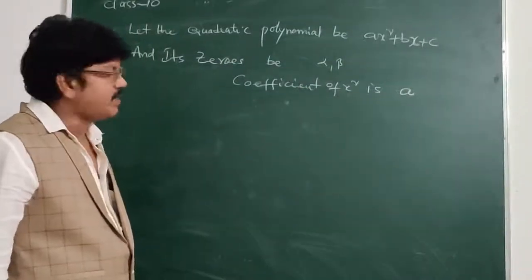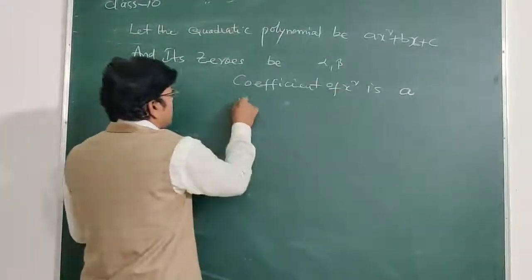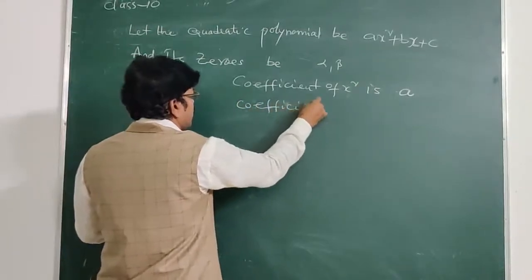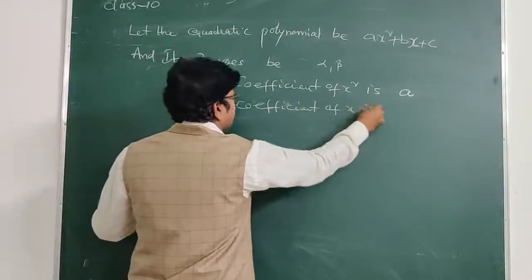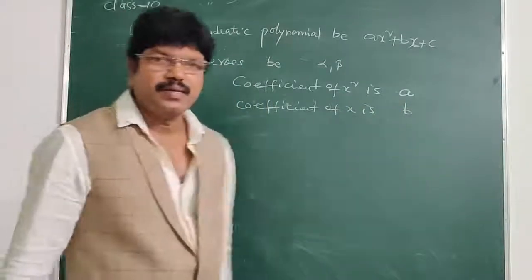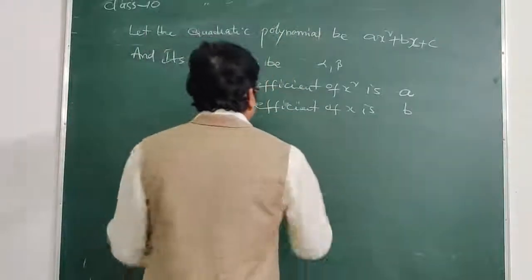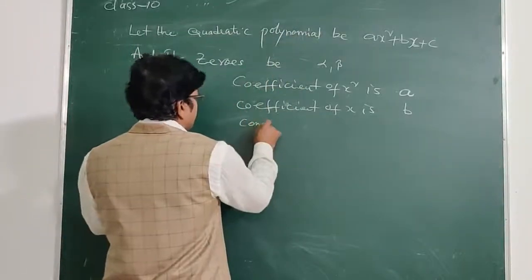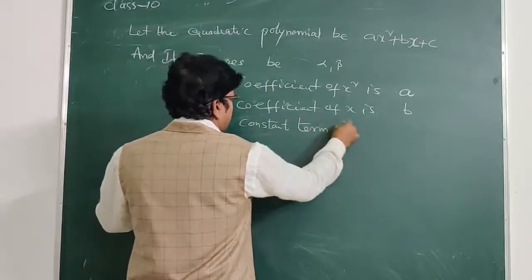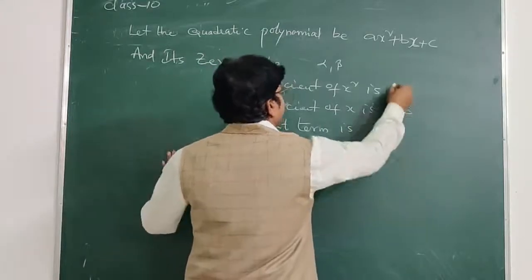Coefficient of x is b. Constant term means c.